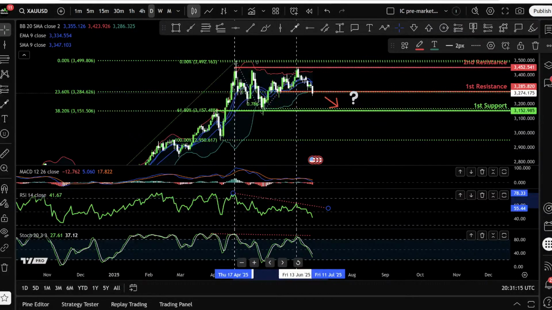But sometimes DXY and gold can both be bearish at the same time, especially during times of economic uncertainty, during geopolitical events. We can see this happening as well. Yeah, especially during like a global risk on sentiment.